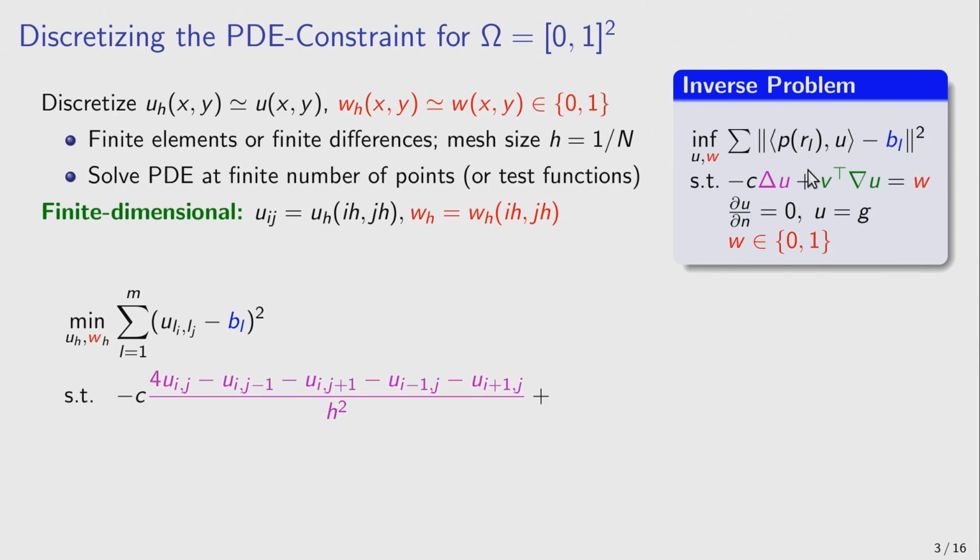The next thing we can do is discretize this differential operator. That's the diffusion operator, and we'll just use a second order finite central difference scheme, which is given here. This function essentially approximates the second derivative of my function u, which is this term here.